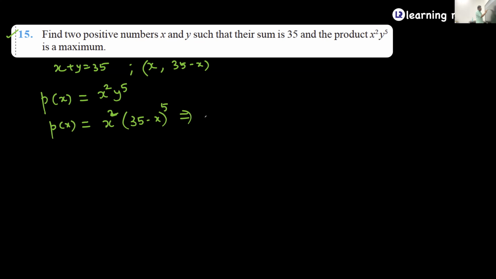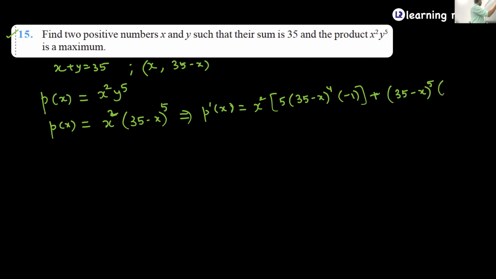That implies, what is p dash of x? X square into 5 into 35 minus x the whole power 4 into minus 1, plus 35 minus x the whole power 5 into 2x. So what is common in both?